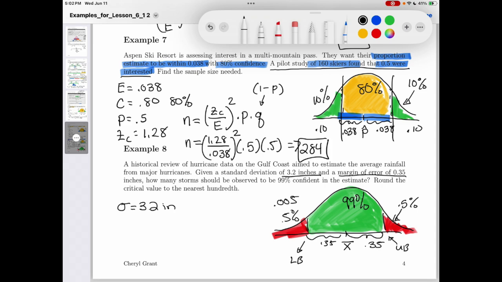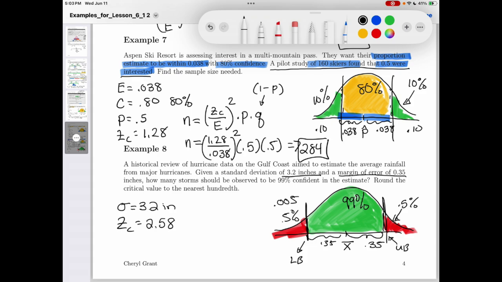So to find your critical value, you want to find the cutoff so that in each wing there's 0.5%. So you're going to put in for the probability area 0.005 and find those cutoffs for the standard deviation for that z-score. You should find, and you should do this to practice, you can pause the video, that your z-critical is 2.58.